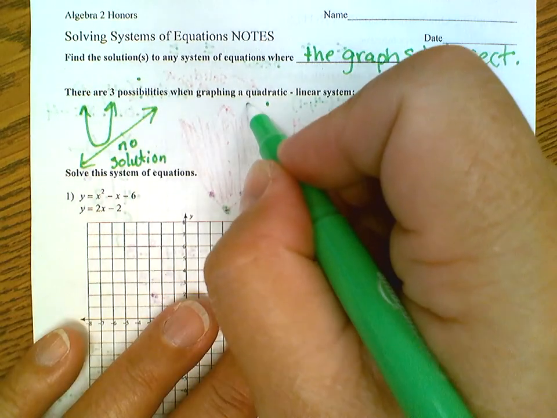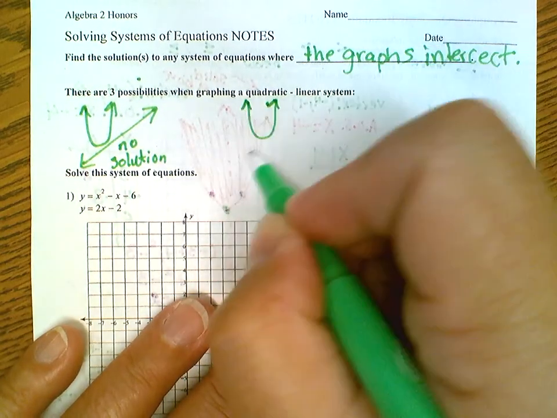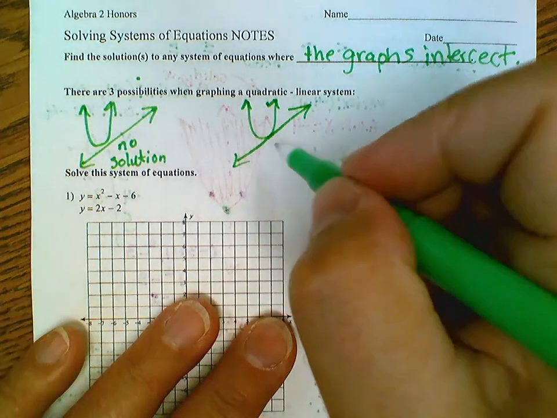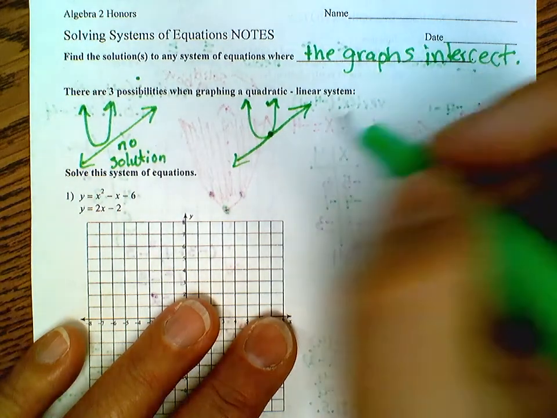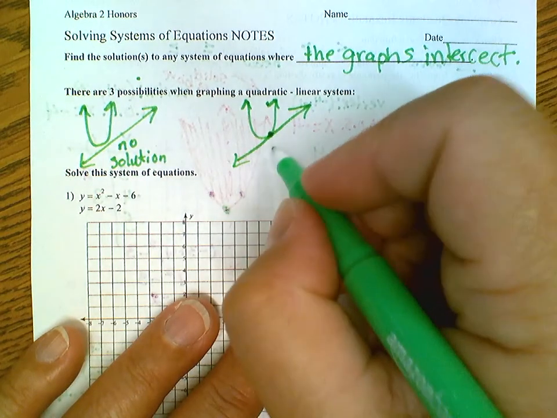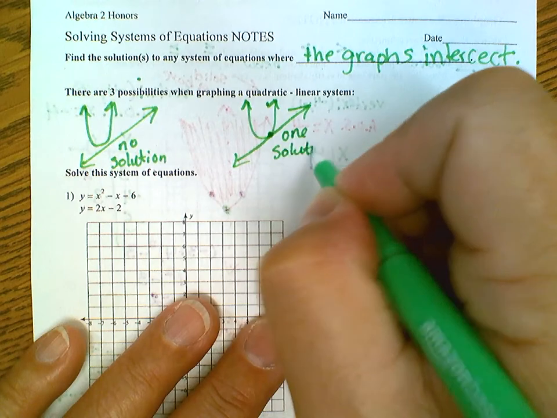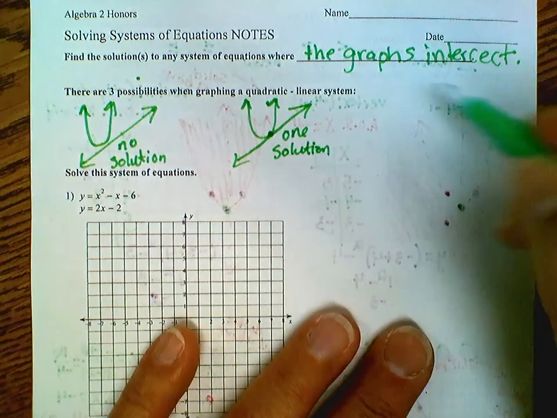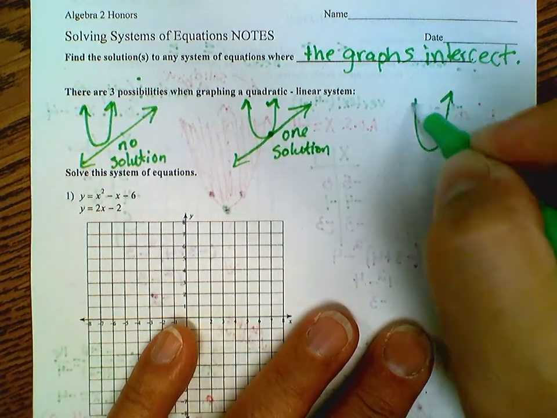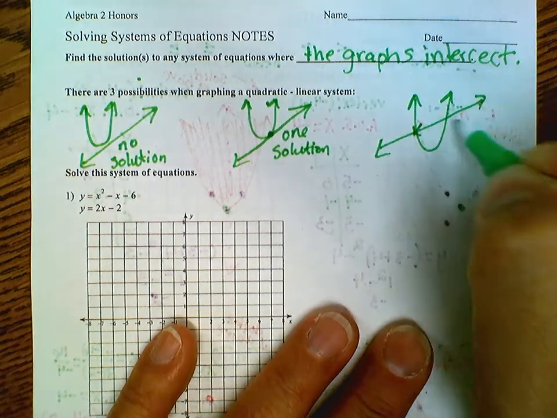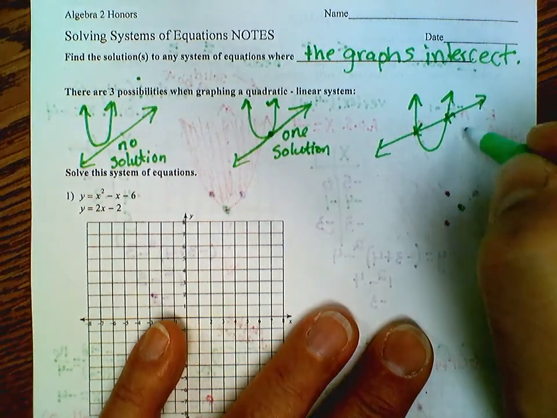Another possibility is to have the line just touch it barely. That is one solution. And then the third possibility is for that line to cut through that parabola and intersect twice.